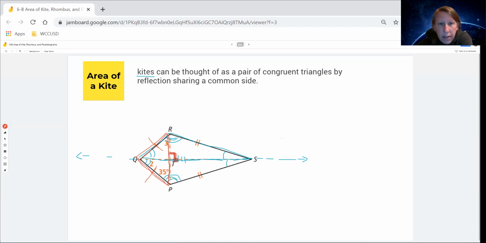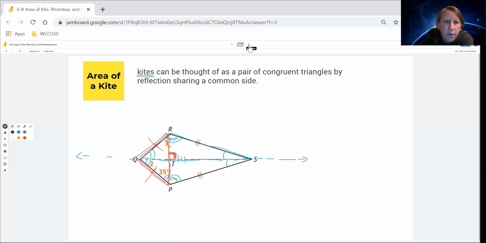So if I was trying to find the angles on here, this would be 90, 90, 90, 90. And then I could find this angle over here is going to be 35. And then I could figure out whatever's left over in the triangle. So these are kind of fun. Basically, kites are isosceles triangle problems and congruent triangle problems.